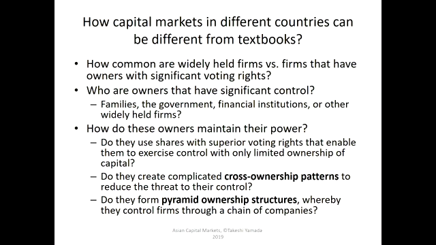One of the most well-known is the cross-ownership pattern. This is quite famous in Japanese companies, because many Japanese companies are in a certain group, perhaps a more common name would be Mitsubishi.